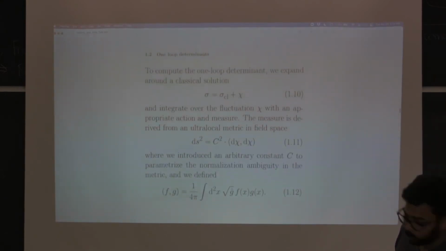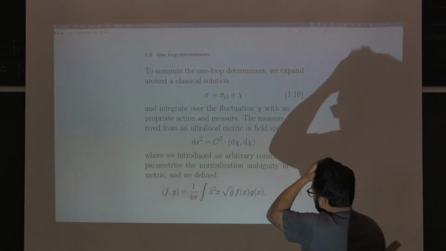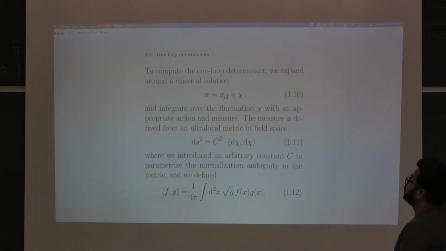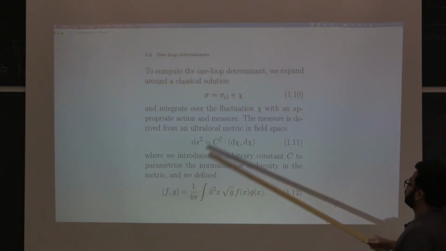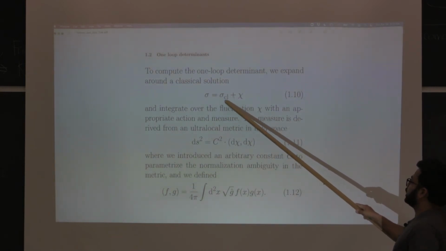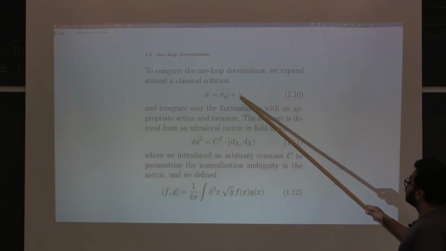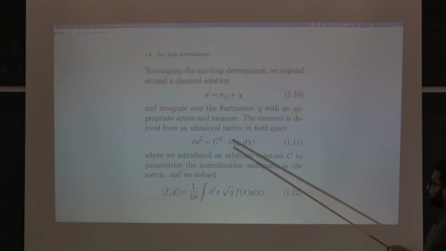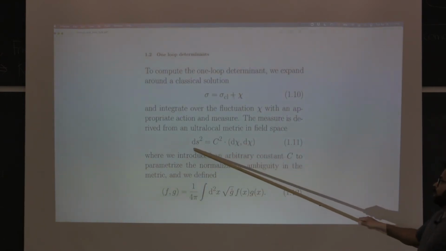Now we come to the questions that you were asking. What are these constants that I was talking about? All those come in when you try to compute the one loop determinant. You take your field sigma and expand it as the classical value plus a fluctuation chi, and the idea is to do the integral over chi. First you introduce a metric in field space.